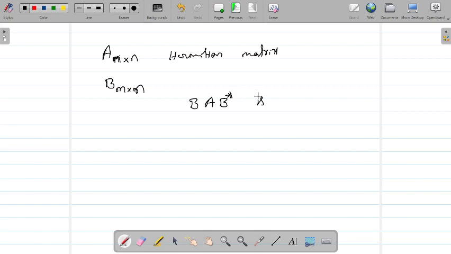Since we have proved all these results before, I'm not going to do it here. And what are the other properties we have seen? We discussed these properties, no?